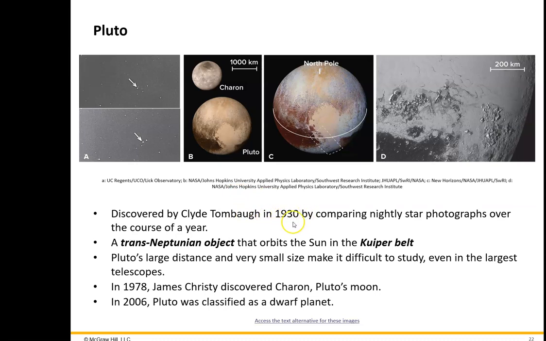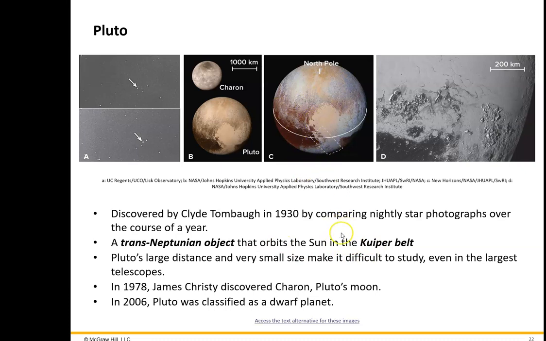For almost 70 years or so, this was considered a planet, and kids learned that it was a planet. Nowadays, anything that is beyond the orbit of Neptune sometimes gets the designation TNO, a trans-Neptunian object, and Pluto is one of these.